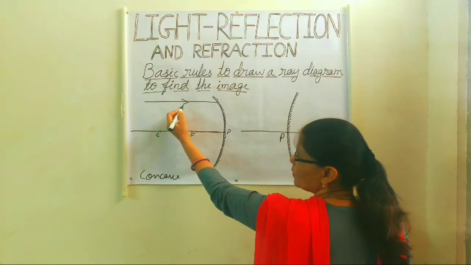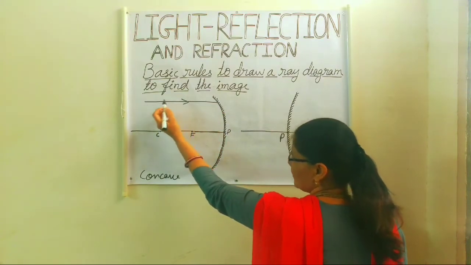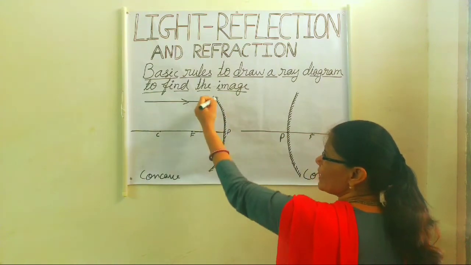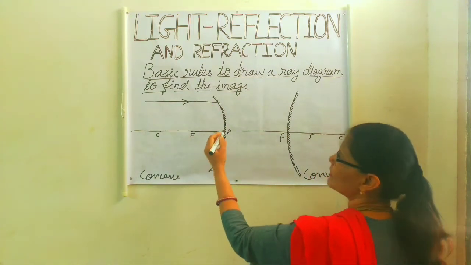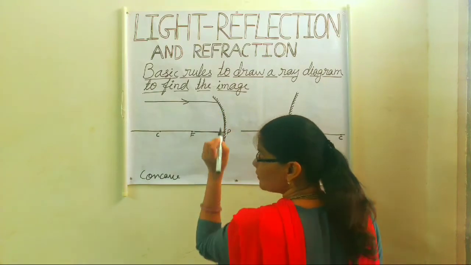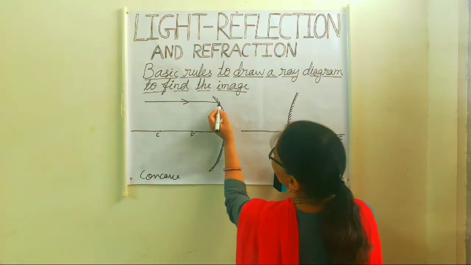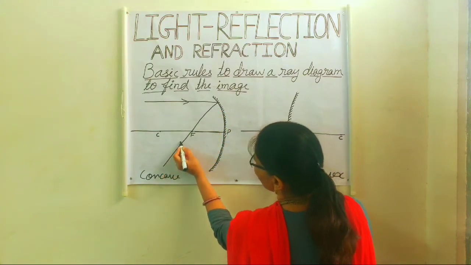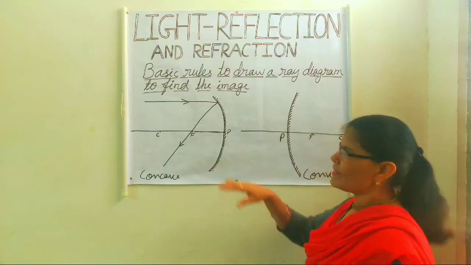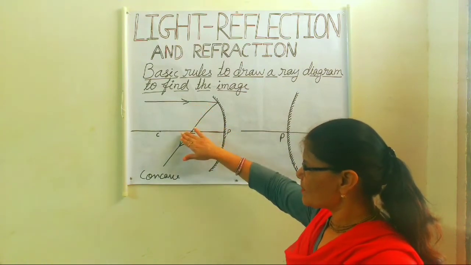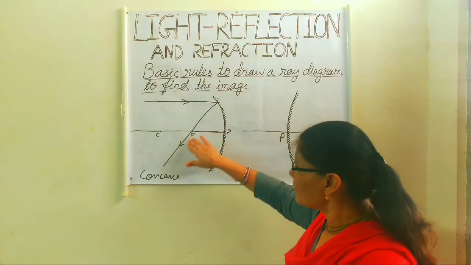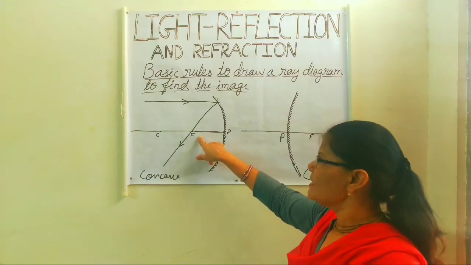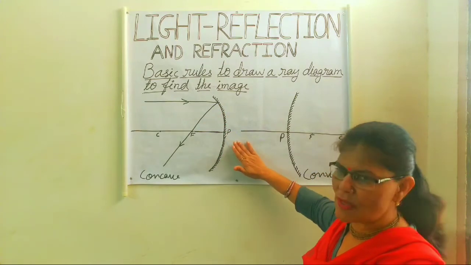We have to put an arrow like this, the incident ray is coming in this direction and is incident on the reflecting surface of a concave mirror, then the reflected ray will pass through the focus of the mirror. This is the first rule. When the incident ray comes parallel to the principal axis, the reflected ray will go passing through the focus of the mirror. Okay, so this is the first part in case of a concave mirror.